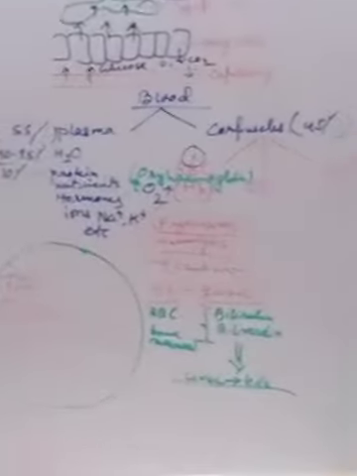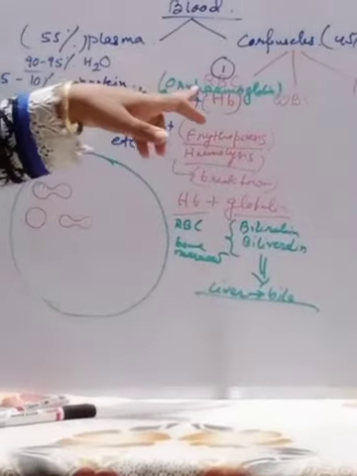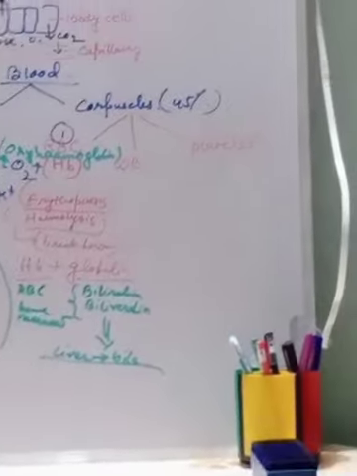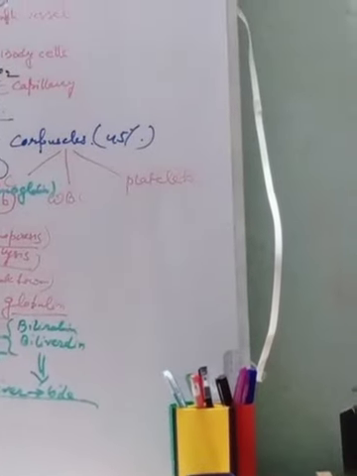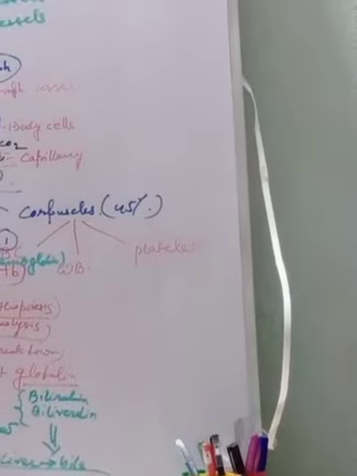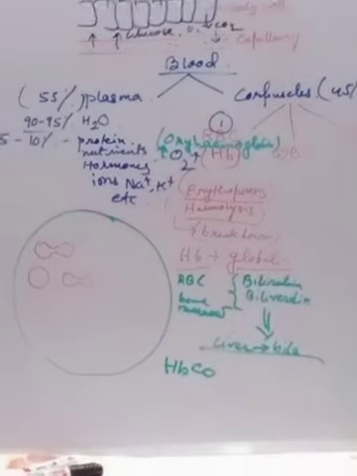But sometimes if there is more carbon monoxide, then what happens? Instead of binding with oxygen, they bind with the carbon monoxide. And at that time, instead of forming oxyhemoglobin, they form a very stable compound that is called carboxyhemoglobin.